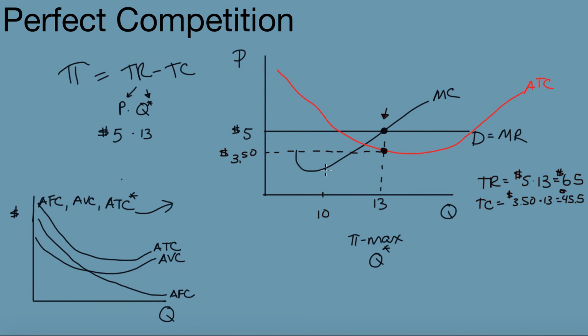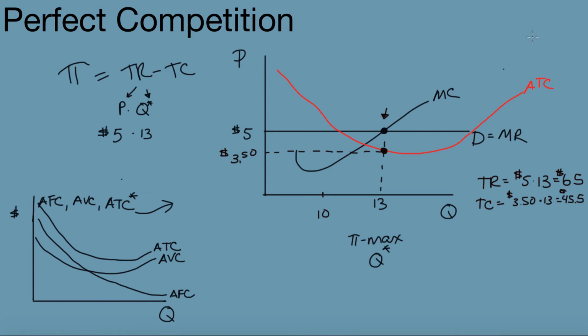It looks like the 10th unit was significantly less. We could add up all the different marginal costs and try to figure out the total cost that way, but we can simply work backwards. If we know the average cost per unit at the profit maximizing level of output, we can simply multiply that quantity times what it costs the firm to produce those units of output on average, and we can get to the total cost.